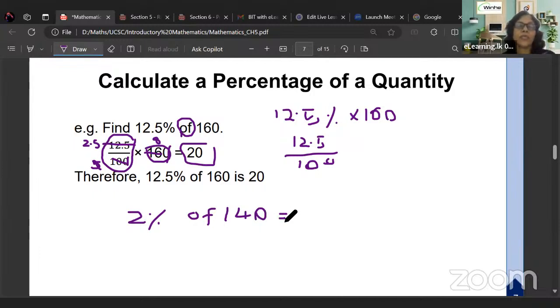Now instead of 2% you can write down 2 divided by 100 multiplied by 140.